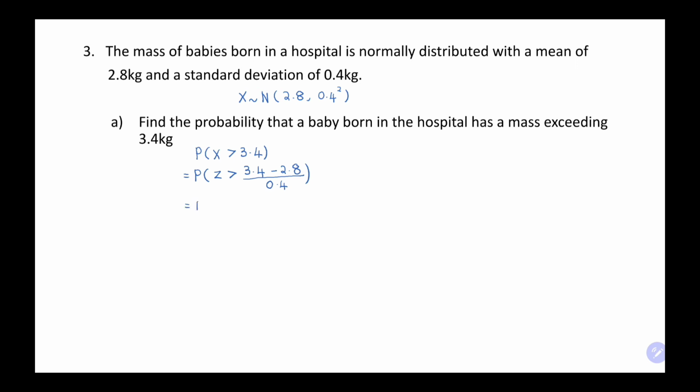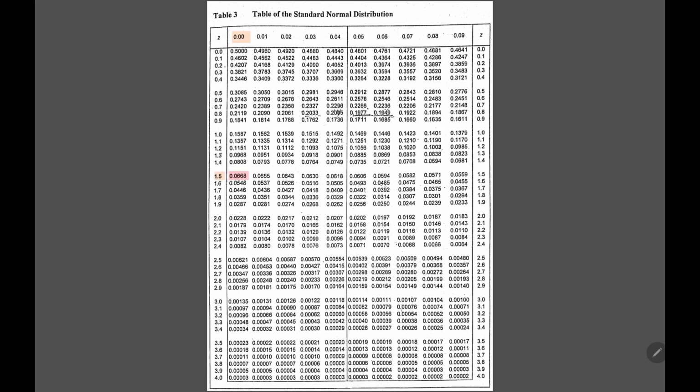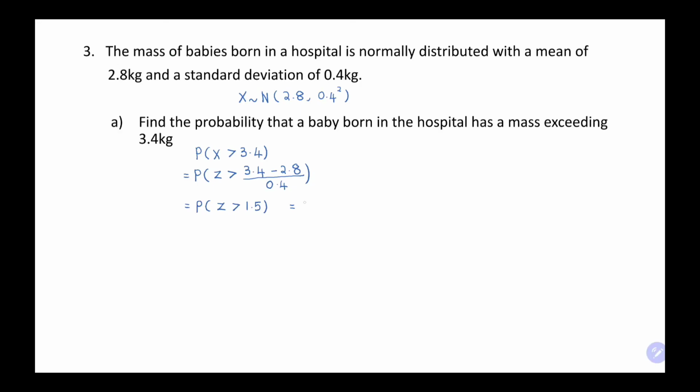Then we get P(Z greater than 1.5). The sign is greater and the value is positive, so we can directly check the table. We find 1.5, so we get the answer 0.0668.